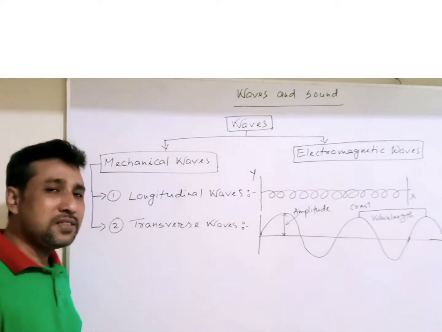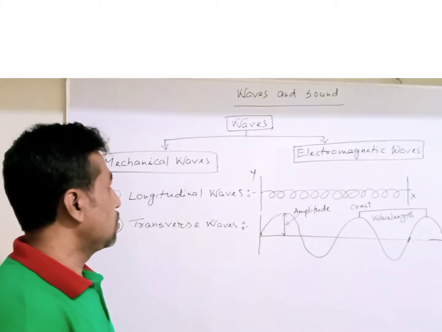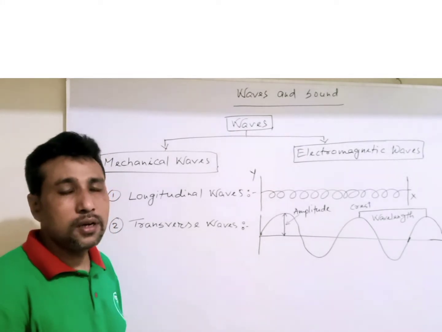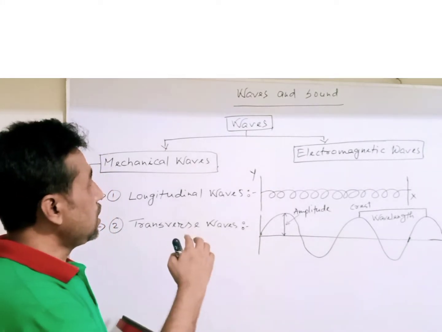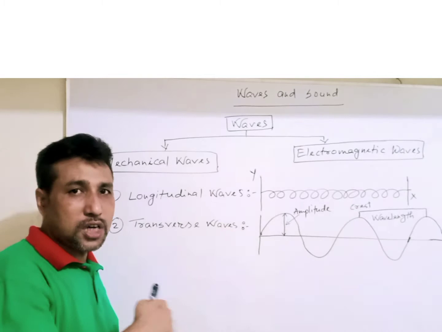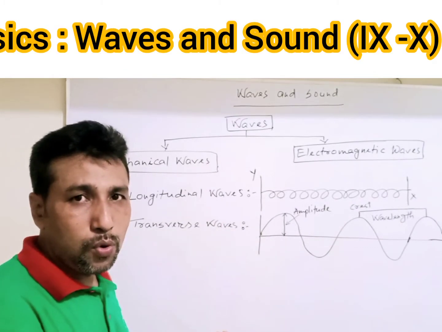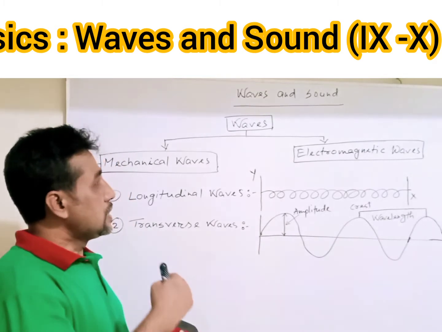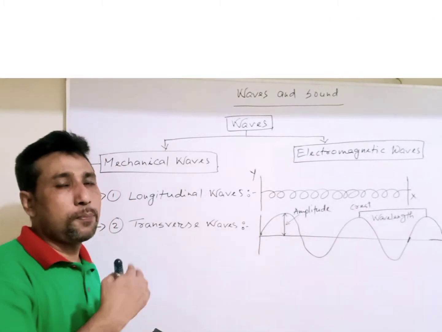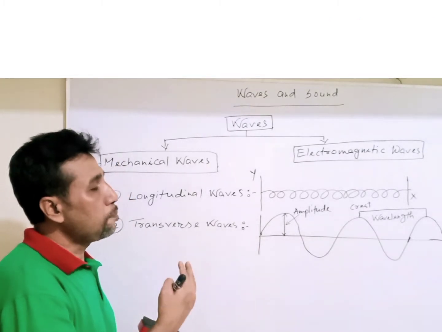So wave is the process by which energy can travel or transfer from one place to another through a medium without changing the position of the particles of the medium permanently.